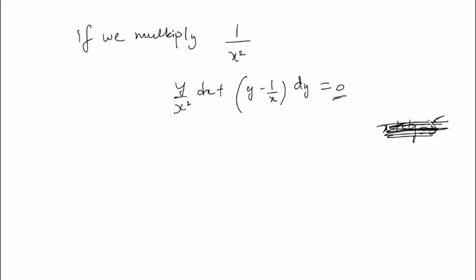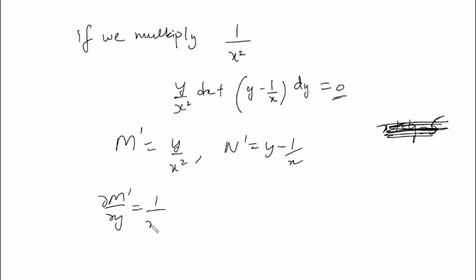Now you tell me whether this one is exact or not. Now you check again, right? So this is your new M, you can write it M dash, say y by x square. This is N dash, y minus 1 by x. Now if you check the condition for exactness, you see it is matching, right?